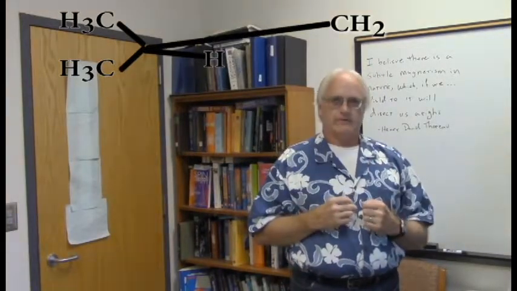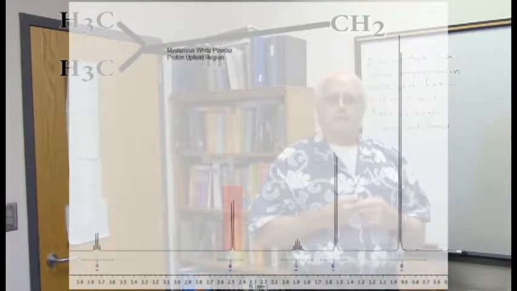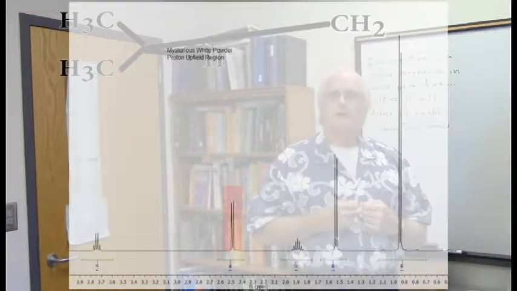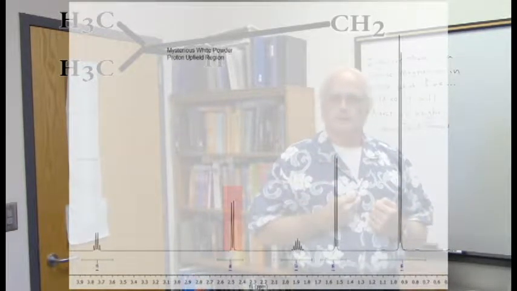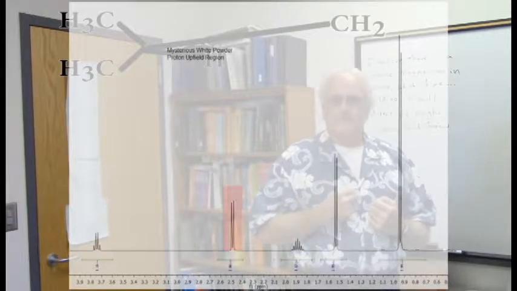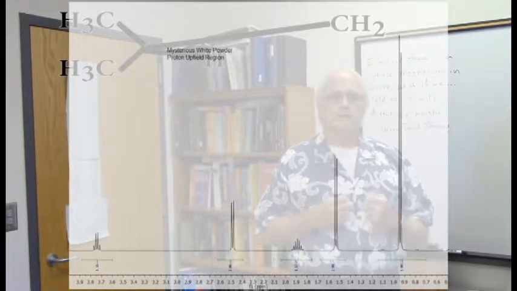We look at this resonance. It integrates to 2 in the proton spectrum, and it is itself a doublet. So we have found a third group that these protons are all coupled to.